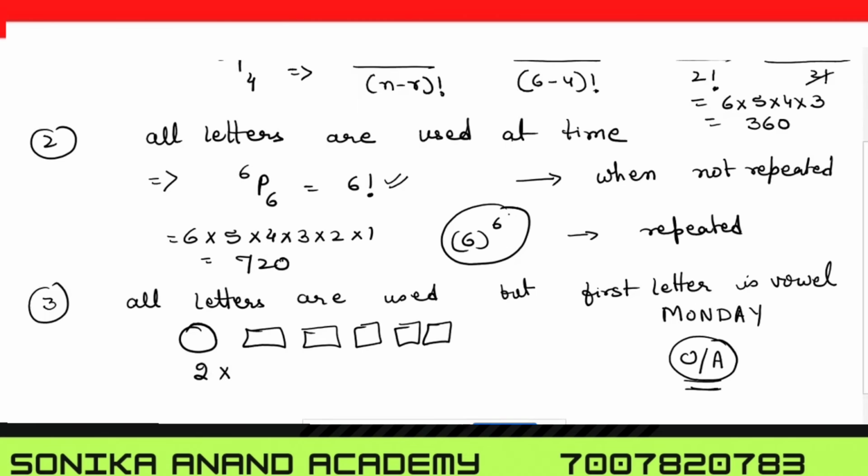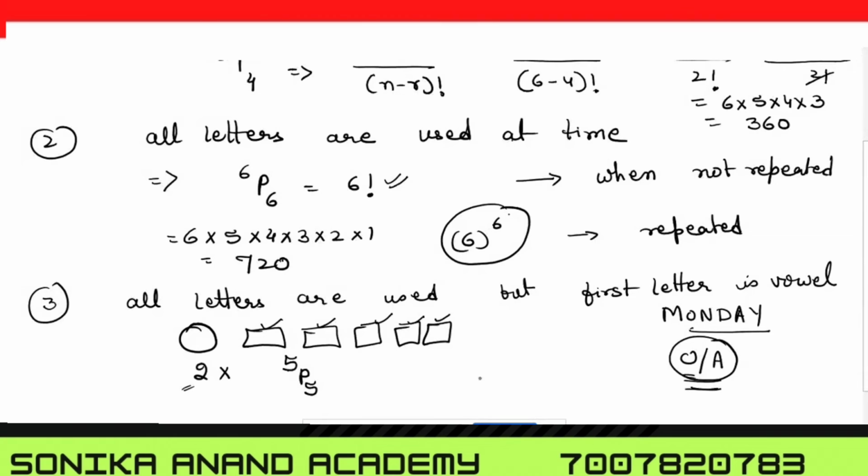Now here I have how many choices? 1, 2, 3, 4, 5. Five, because only one is used over here, we are left with five again.